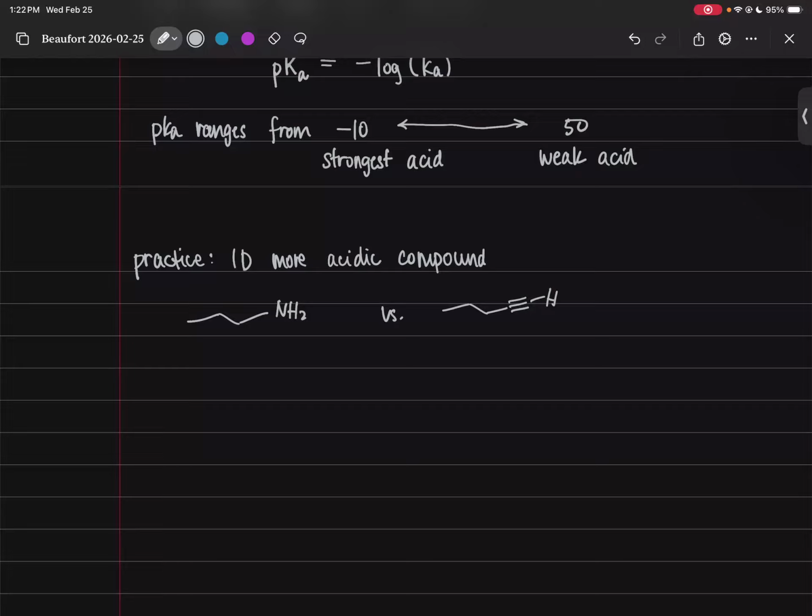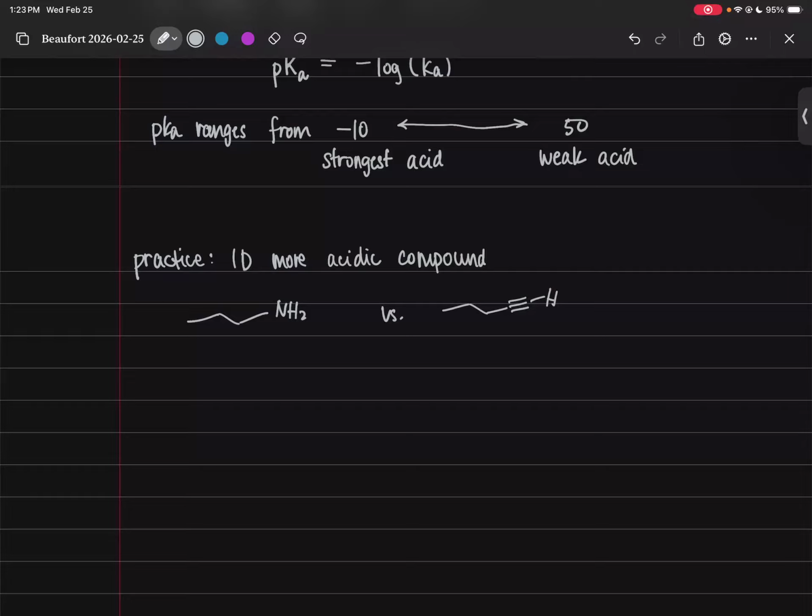And also remember that pKa is on a log scale. So if a molecule has a pKa of 10 and another molecule has a pKa of 11, they're separated by just one pKa unit. That's 10 times. A pKa of 10 is 10 times more acidic than a pKa of 11. So you just need a very, very small difference in pKa values.